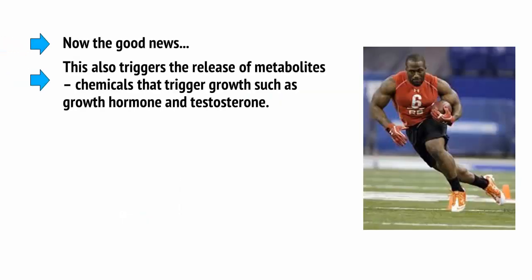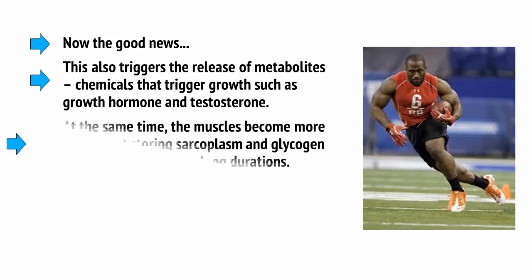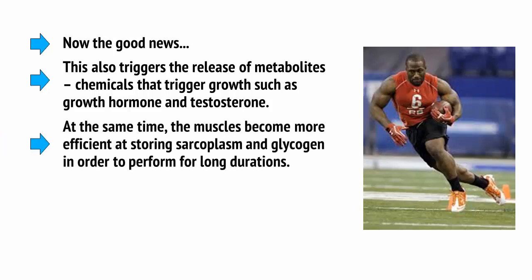Now, the good news. This also triggers the release of metabolites, chemicals that trigger growth, such as growth hormone and testosterone. At the same time, the muscles become more efficient at storing sarcoplasm and glycogen in order to perform for long durations.